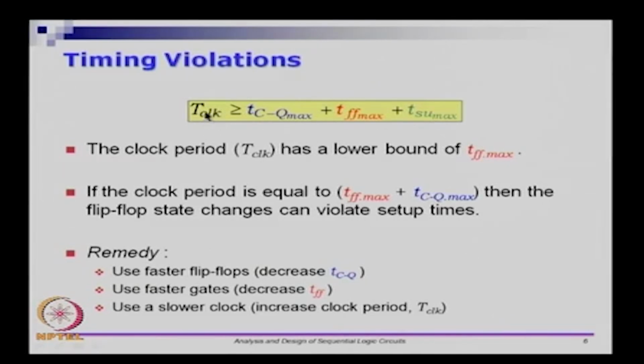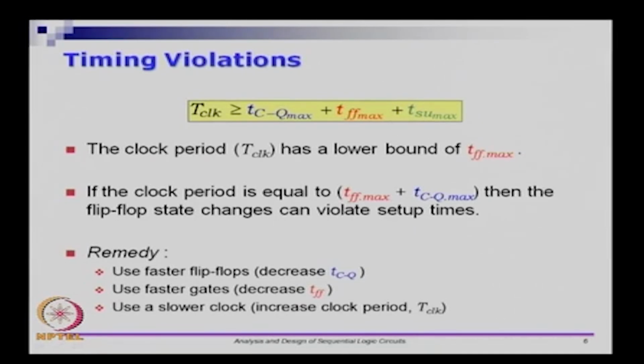So this is something that is under your control, but sometimes you have a target. I want to design a 2 gigahertz chip, in which case T clock will be 0.5 nanoseconds. If I want a chip at a certain target, then I have to go and redesign either the circuit or the flip flop so that the setup times are not violated.